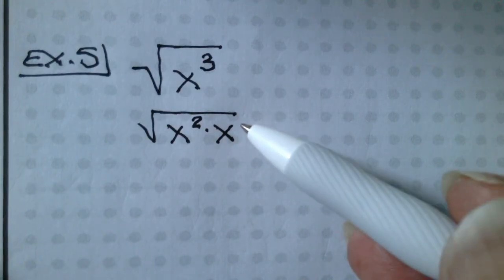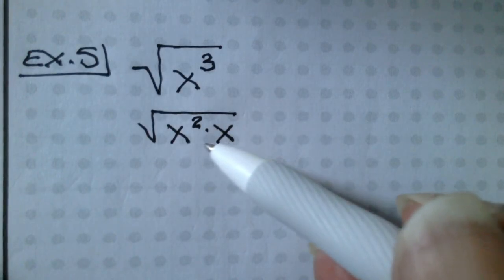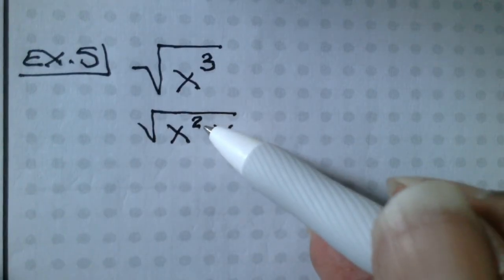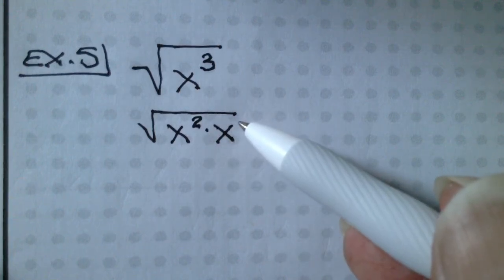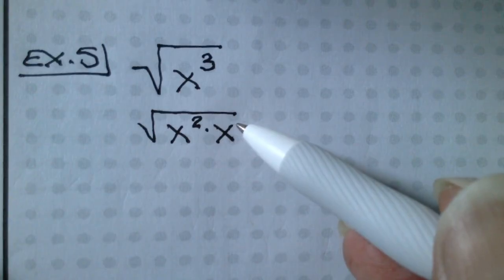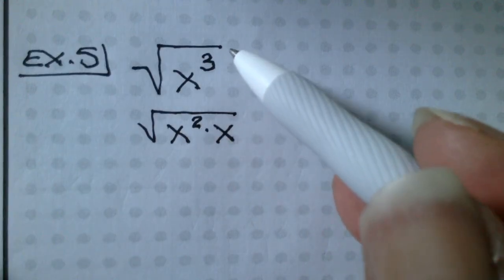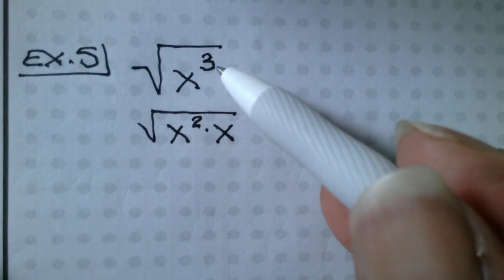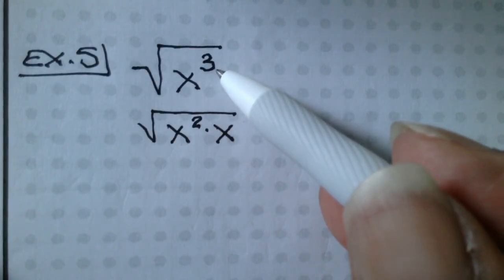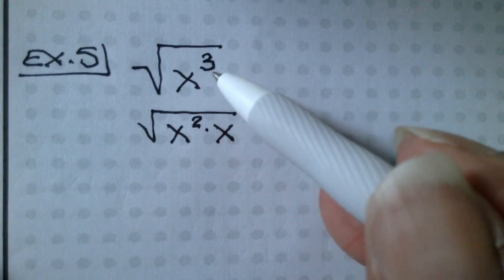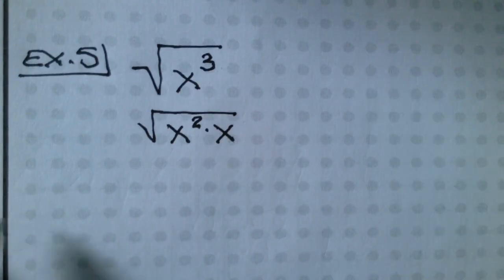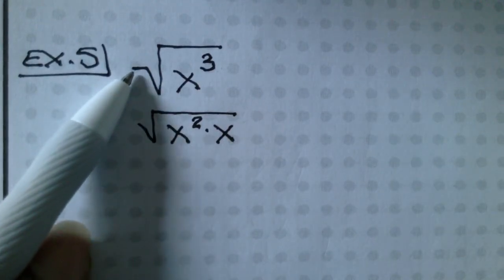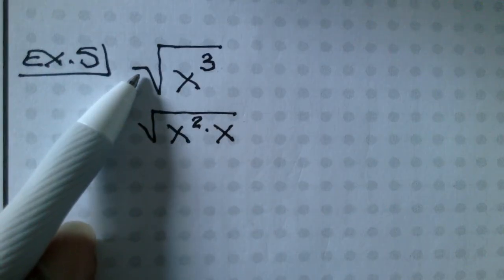When I multiply, I normally add the exponents, and if you don't see an exponent, it's a 1. So 2 plus 1 is where this 3 came from, but we had to do it in reverse. I split them into groups of 2 because it's a square root.